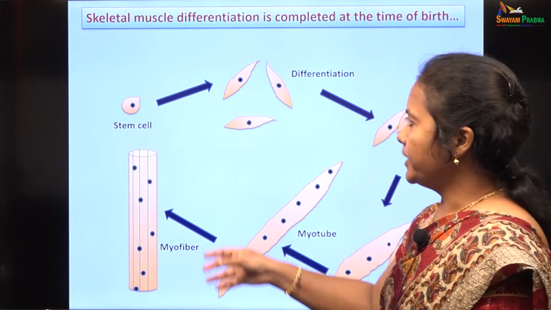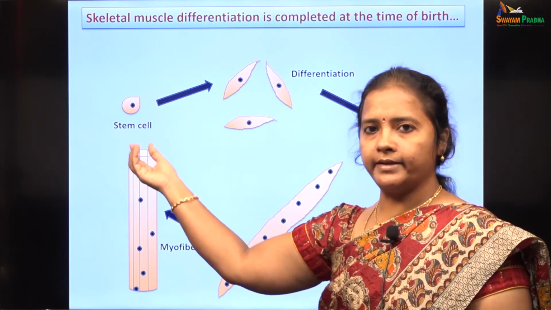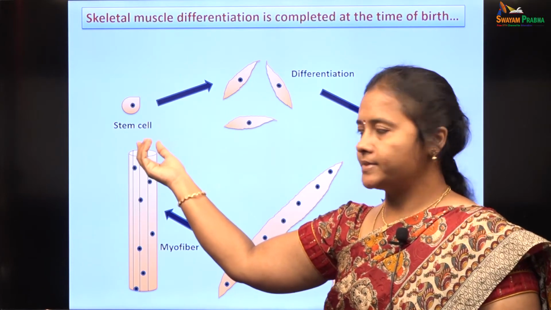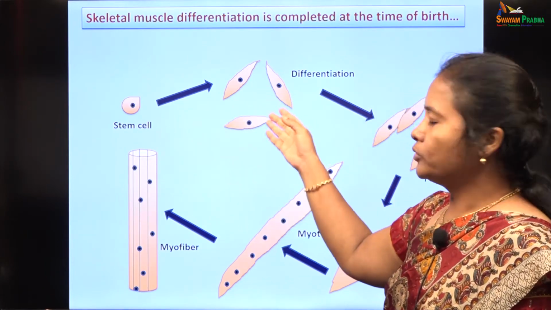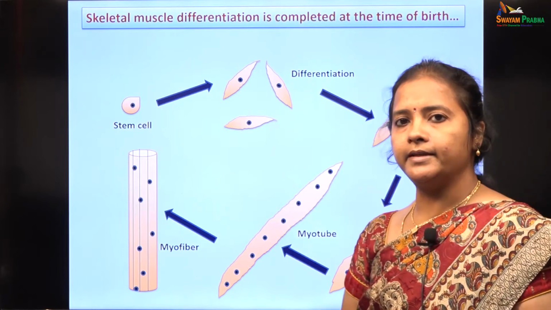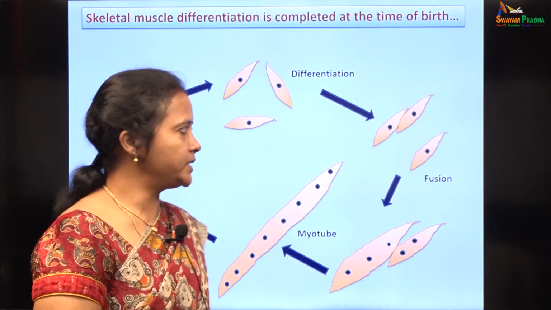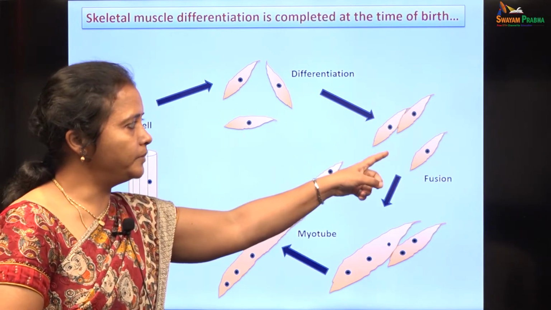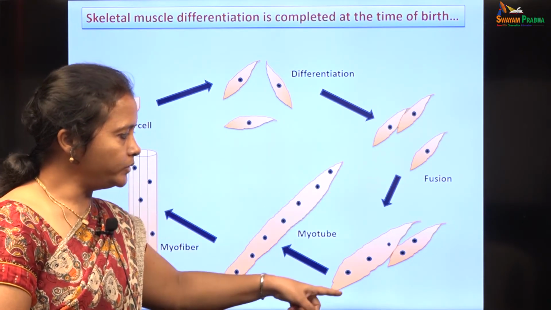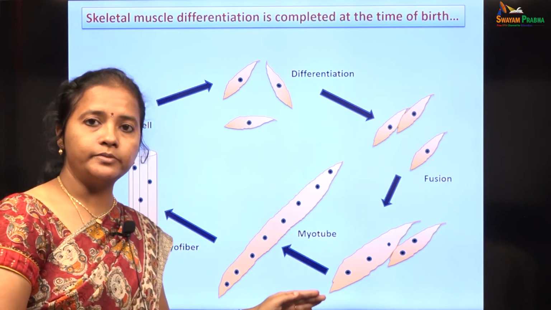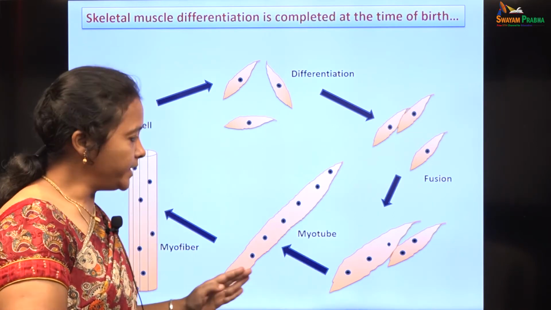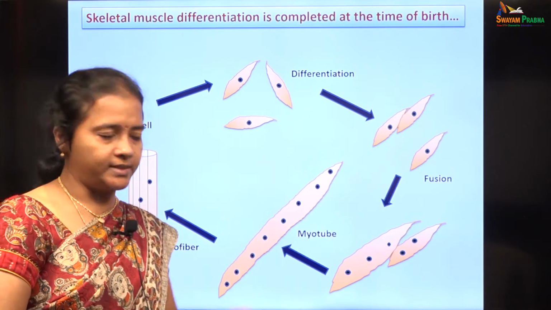So, initially a single mononucleated stem cell proliferates to increase the number of myoblasts. These myoblasts then start fusing with each other to form multinucleated cells, and they increase in the number of nuclei as well as in the length of the cell.